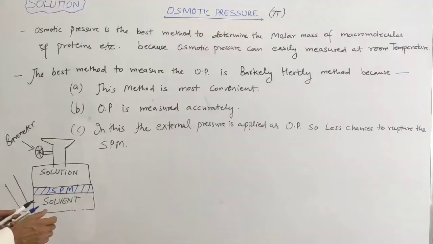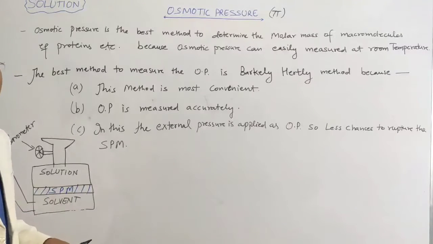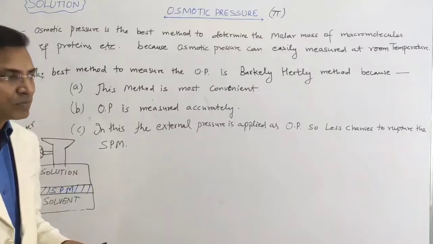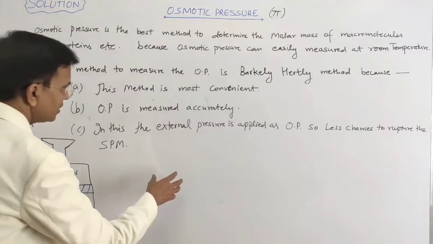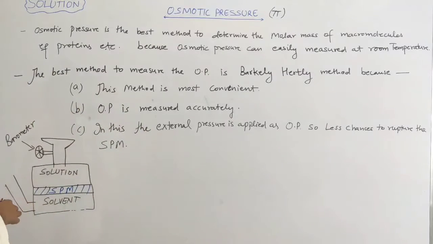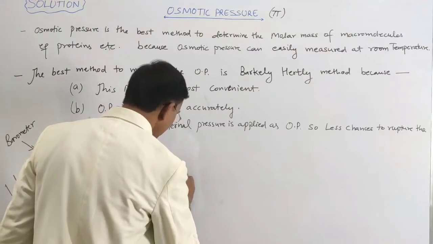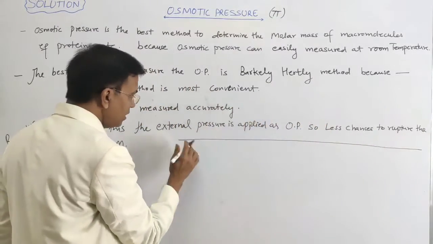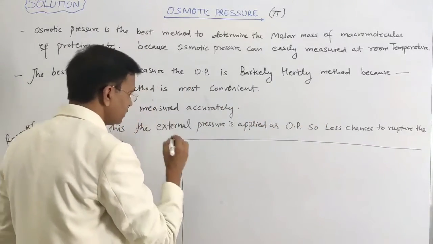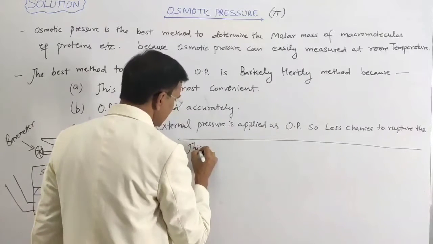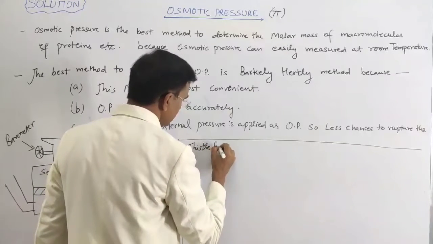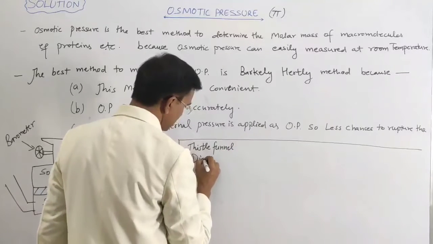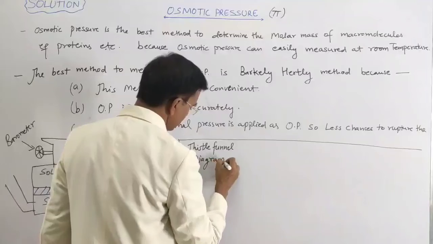Now the next point is, one more method is there to measure the osmotic pressure, that is through the Thistle funnel. So I am going to make the diagram here. The Thistle funnel diagram is the extra of this. This is not related to the previous diagram. It is the Thistle funnel diagram, right?